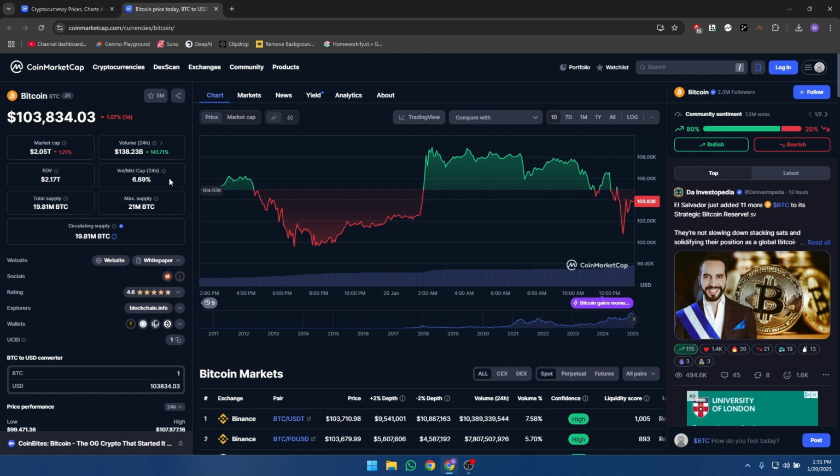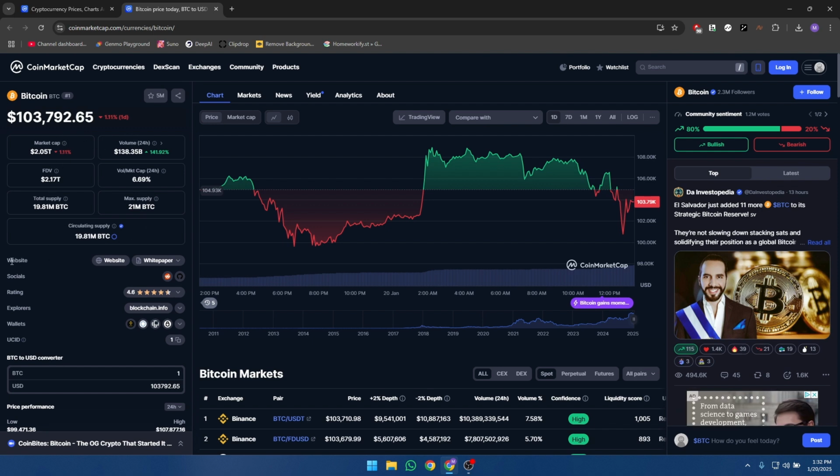Volume by market cap, don't really worry about that. Total supply right now that is in the market and available for trading would be 19.81 million Bitcoin, and maximum supply, as I said before, is 21 million Bitcoin. So these are all your important pieces of information.